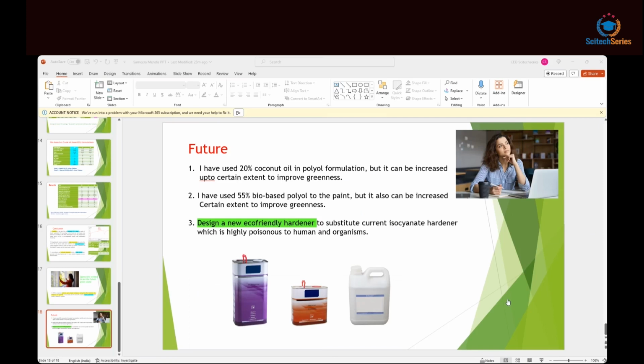And the other thing is, the most hazardous part in this PU system is the middle can. You can see a short can in the middle in the picture, that is the hardener. Hardener is made out of isocyanate, right? If any person wants to improve the greenness of this paint system, he has to modify this, right?